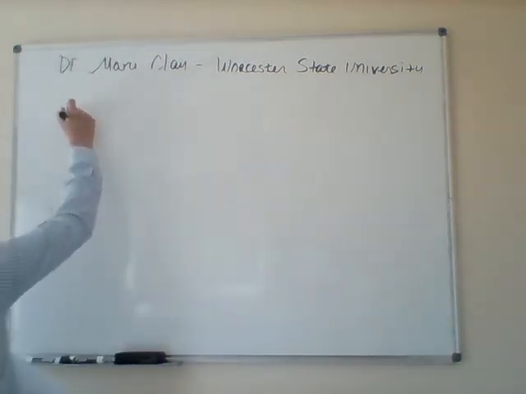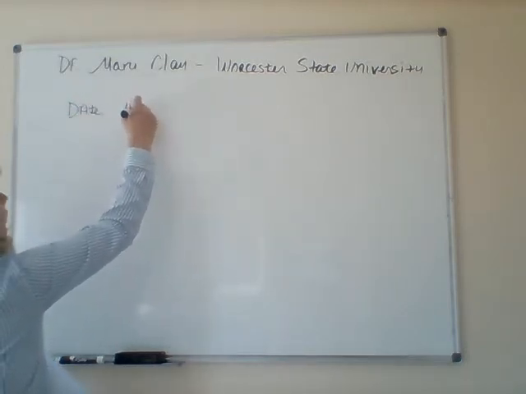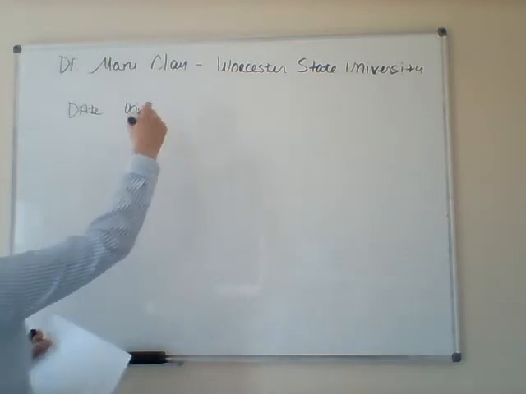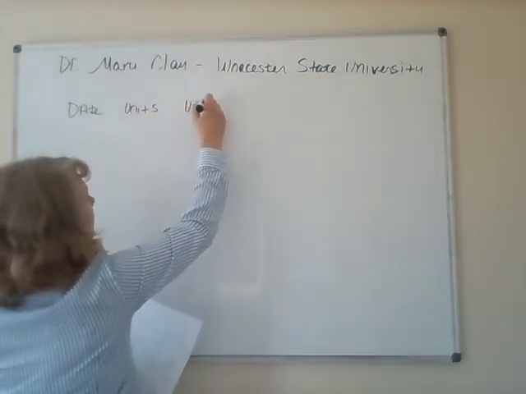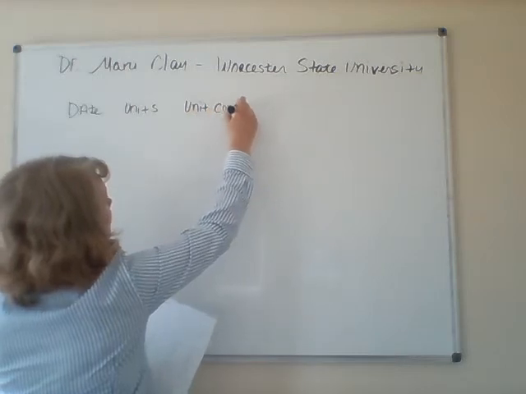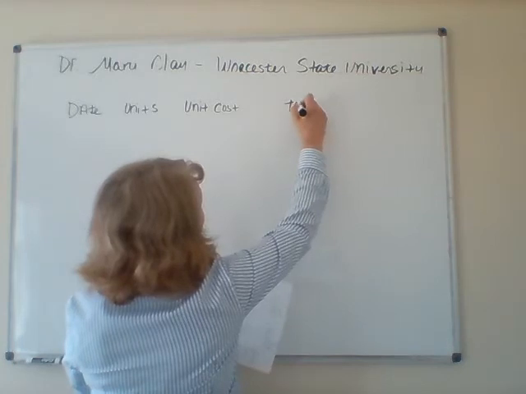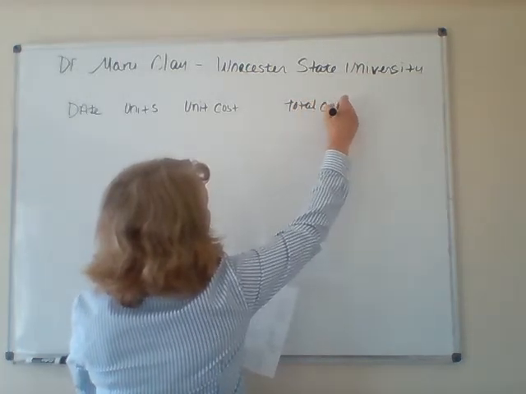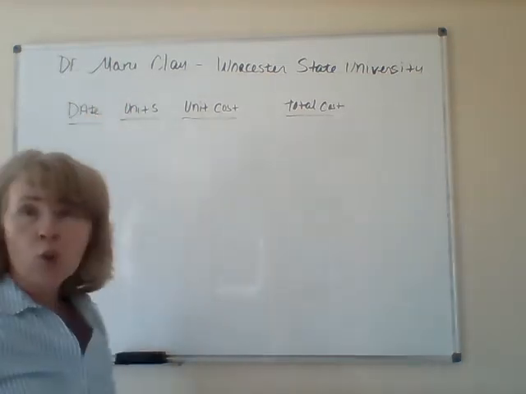You're going to have the date, the units, unit cost, and then you'll have total cost. Okay, so you got your schedule set up, and then you just work right from the book.